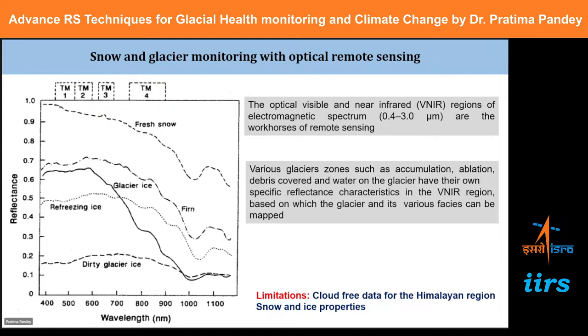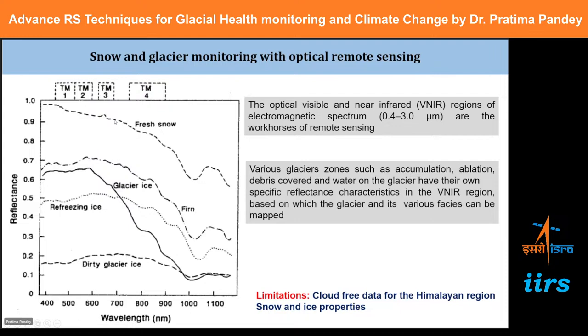And what are the parameters? Mostly the reflectance or the spectral response curve from various parts of the glaciers, which makes it easier for us to study the glacier using remote sensing data. So this is the spectral response curve from various parts of the glacier. This is from fresh snow.